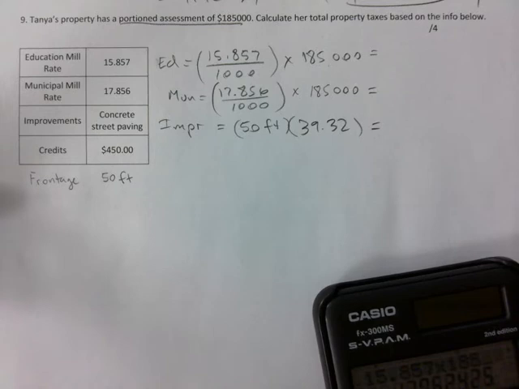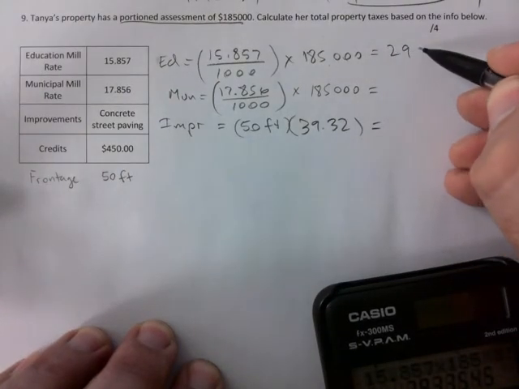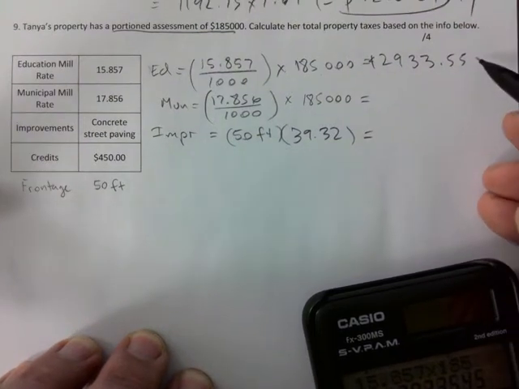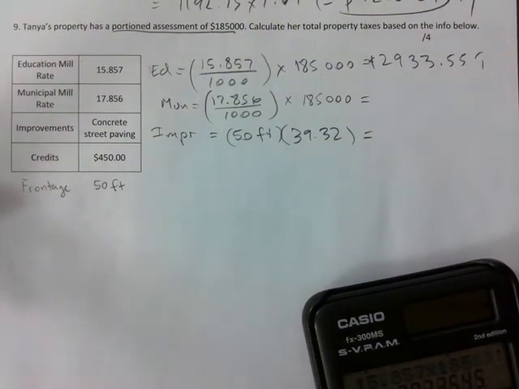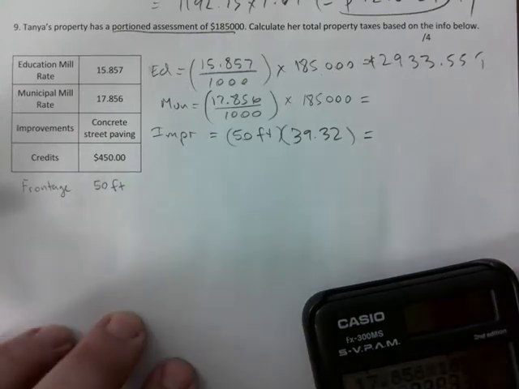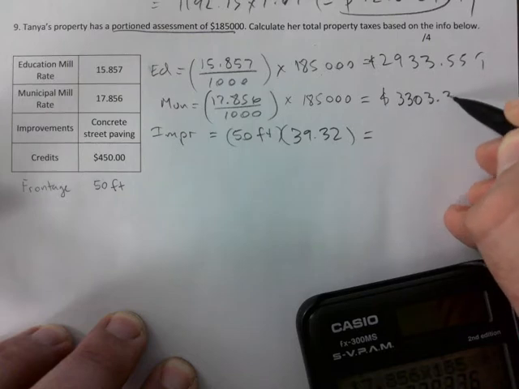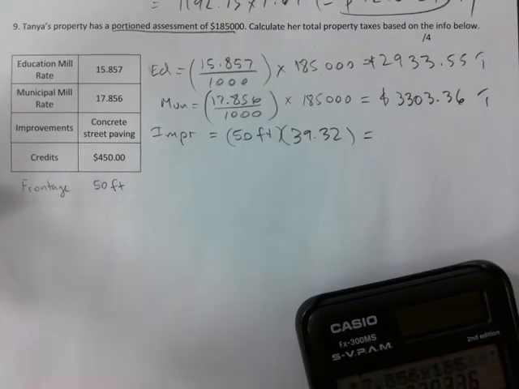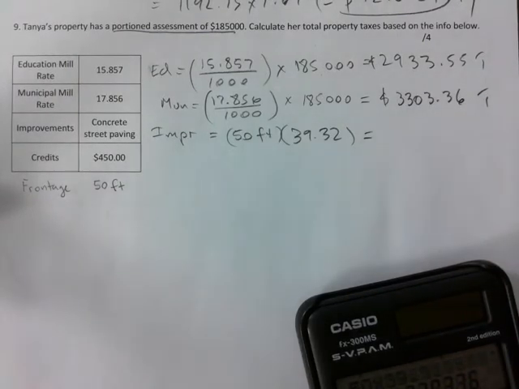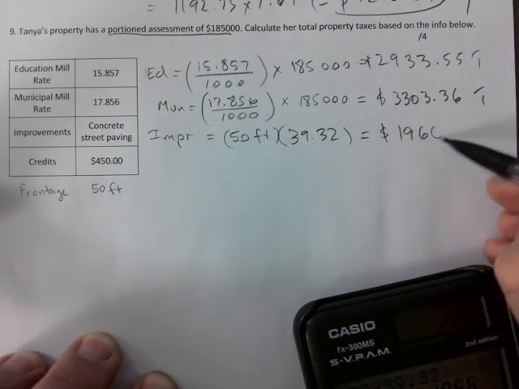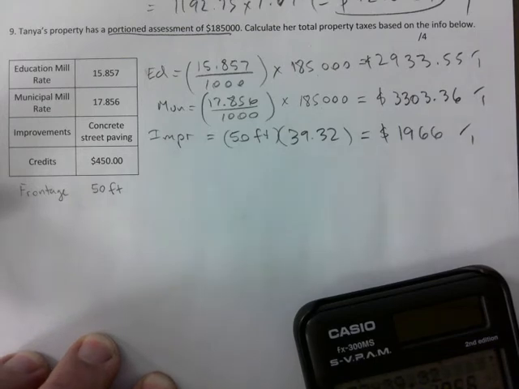So the first one is 2933.55. You get a mark for that. Okay, then it's 17,856 times 1.5. That's 3,303.36. Another mark for that. And then the improvements, right? 1966. That's another mark.